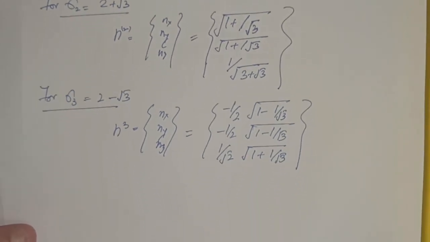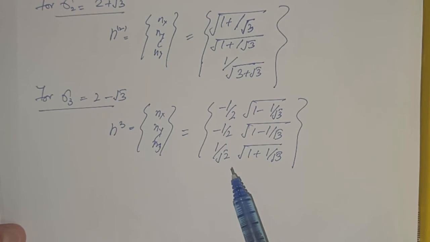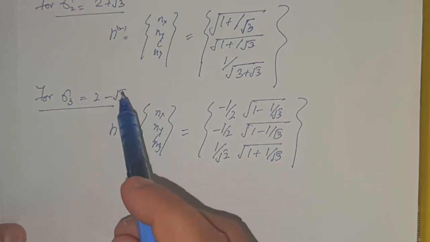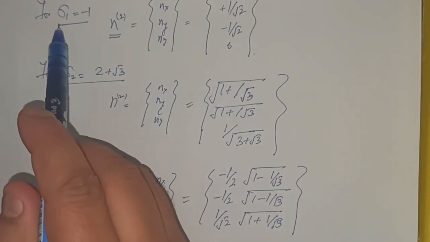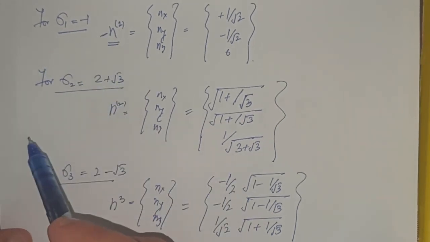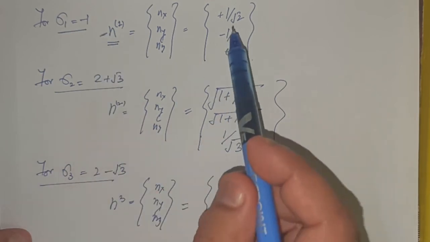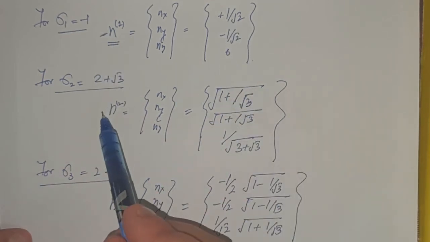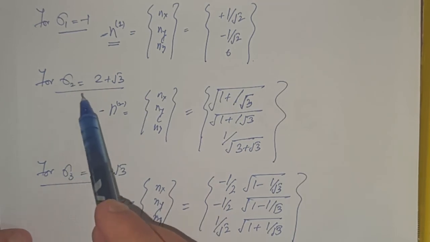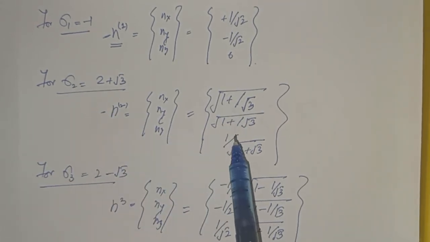And for sigma 3, these are the principal directions. So basically these are the vectors. Corresponding to sigma 1, you will have a normal direction related to this plane, and this plane will have 3 components. N2 will be for sigma 2, and corresponding to that we will also have 3 components.